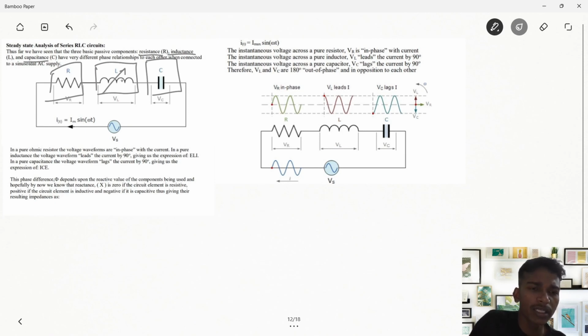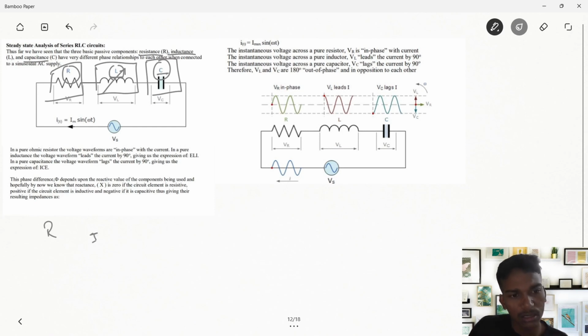Here, L is inductance and C is capacitance. Just like we found in this basic circuit, we have only one R, one L, and one C. If we consider a scenario where we have lots of L's and lots of C's, how do we find the equivalent L and equivalent C? Just like we found R equivalent using Ohm's law and Kirchhoff's law, we are going to find L equivalent and C equivalent using some other analogies.